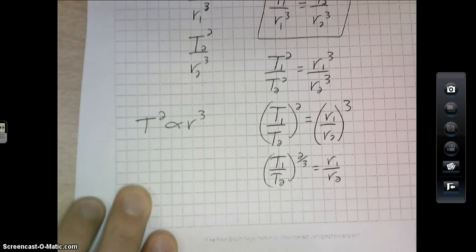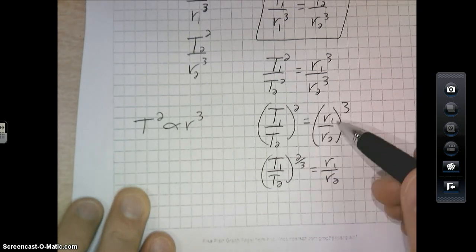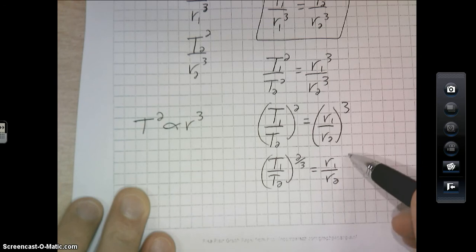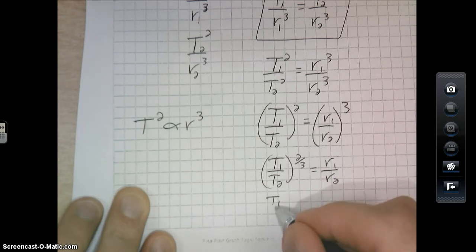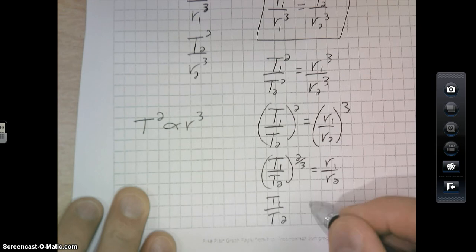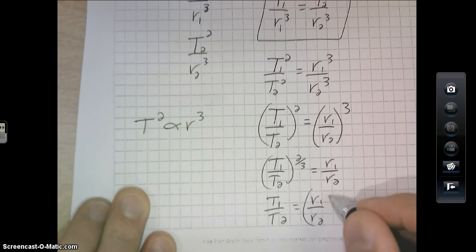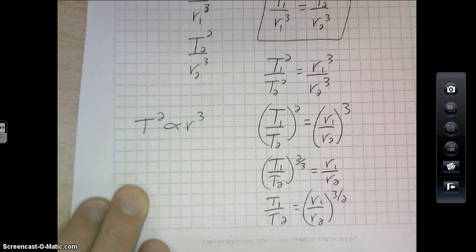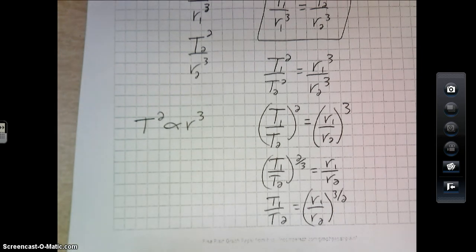And then the reverse would be true if I wanted one of the periods. Then that would be r1 over r2 to the 3/2. So I'll write it again: T1 over T2 would be r1 over r2 to the 3/2. So those are all common variations of Kepler's third law.